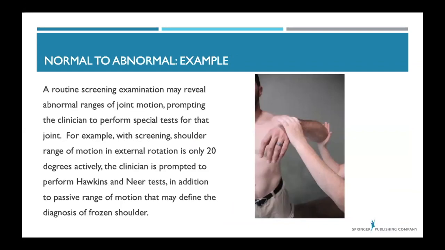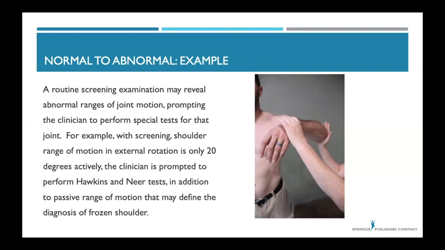Also, perhaps in that routine screening exam, we go through our range of motion, patient looks great. No, this one doesn't. So what's different about this one patient? That's going to prompt the clinician to perform several special tests. And those tests would be individual for each joint. Those are something that we go through in this textbook, identifying what's normal, and then what do I do with the abnormal?